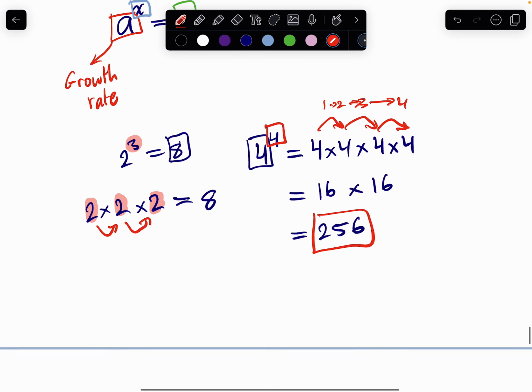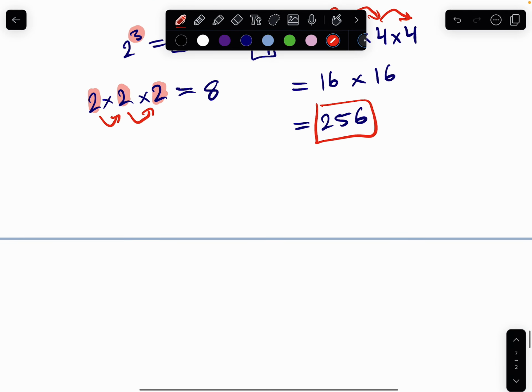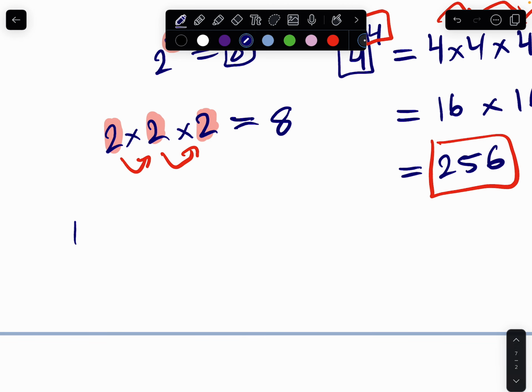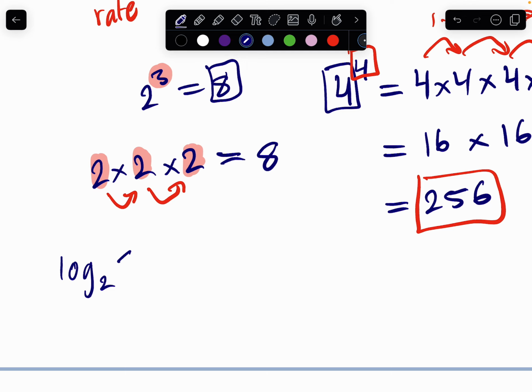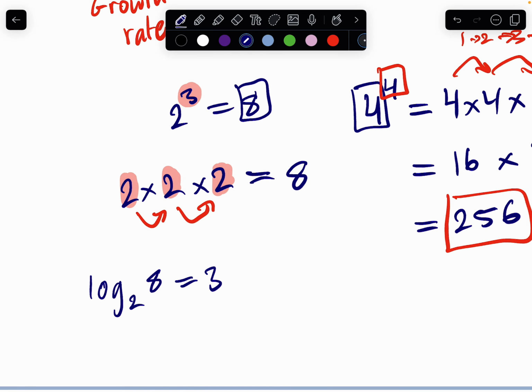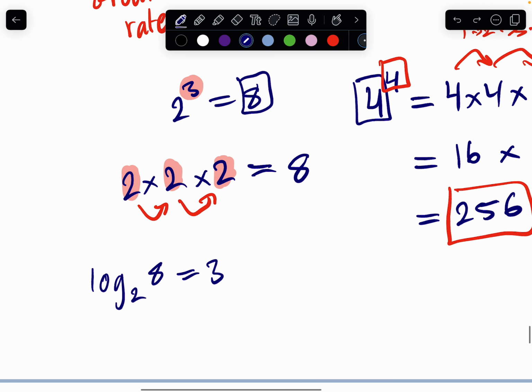So understanding that, logs is basically just another way of looking at it. So if we rewrite the first example as log base 2 of 8 equals 3, instead of saying our growth rate here, our time here, and our size here, we're actually saying our growth rate down here, our size here, and our time here.